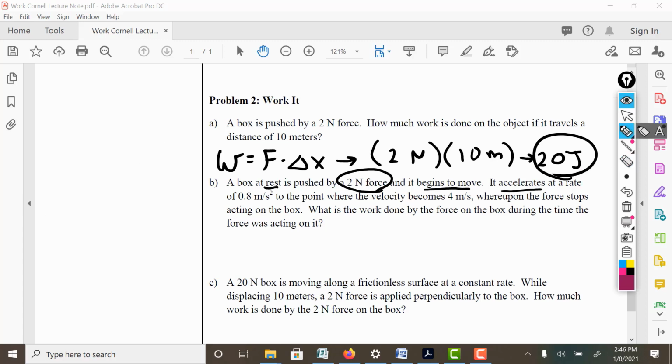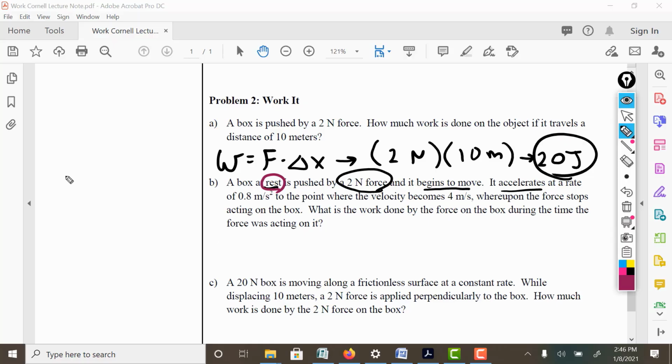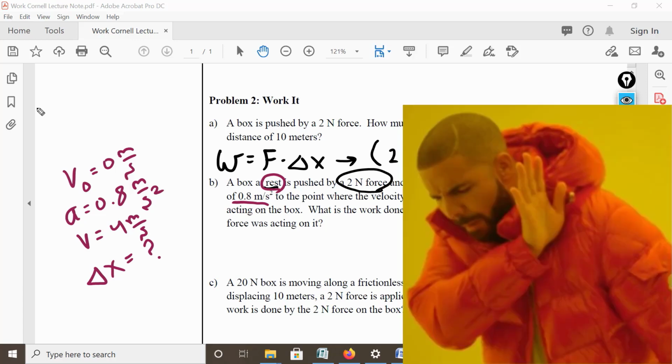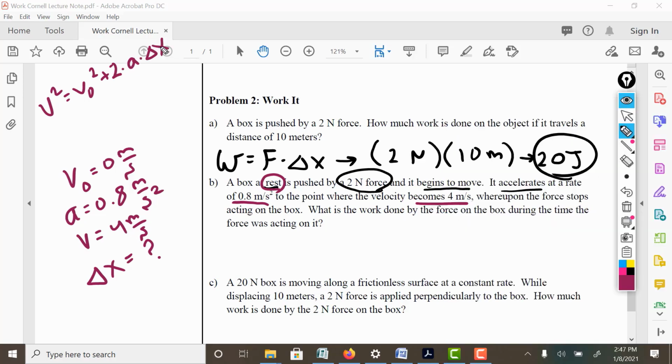Based on what they gave us, we do the 3, 2, 1, starting from rest. It accelerates at this rate, and the final velocity is this. We do want the displacement, so we need it in order to calculate the work done. This is the third kinematic equation.